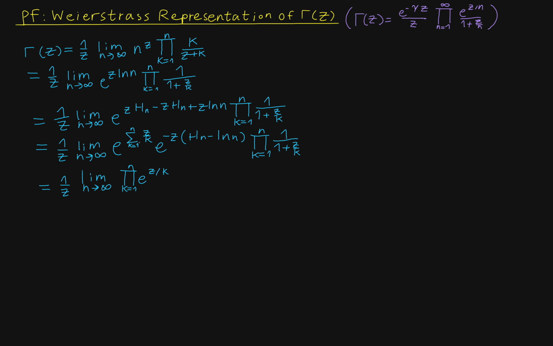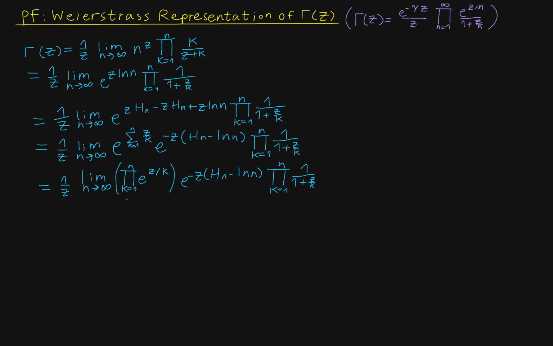Because e to the sum is just the product of e's. And then we have this times e to the minus z, nth harmonic number minus ln of n, times the product, k is equal from 1 to n of 1 over 1 plus z over k.